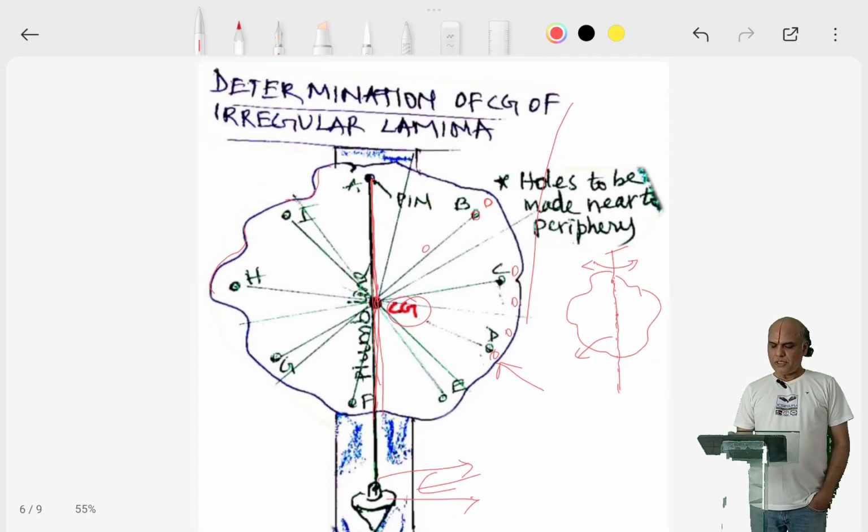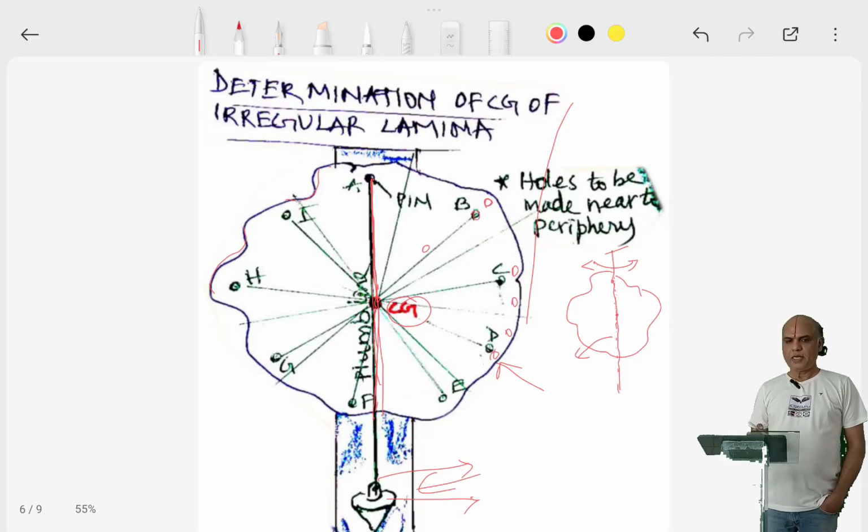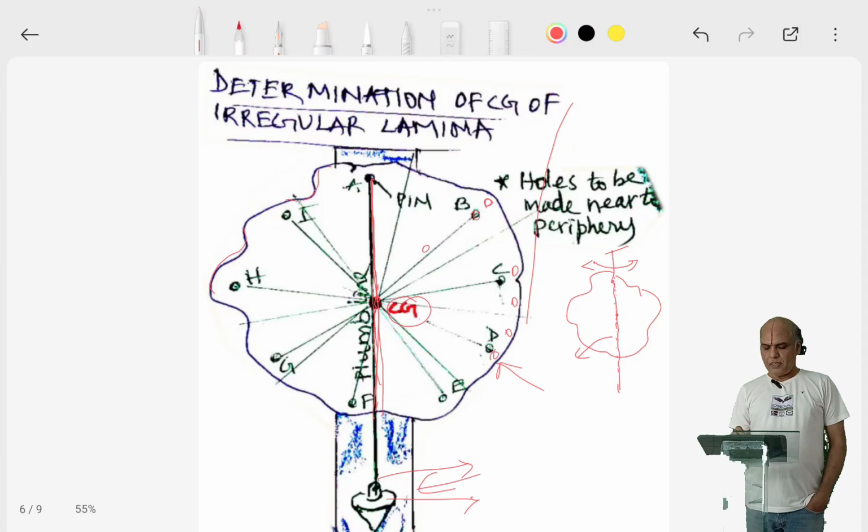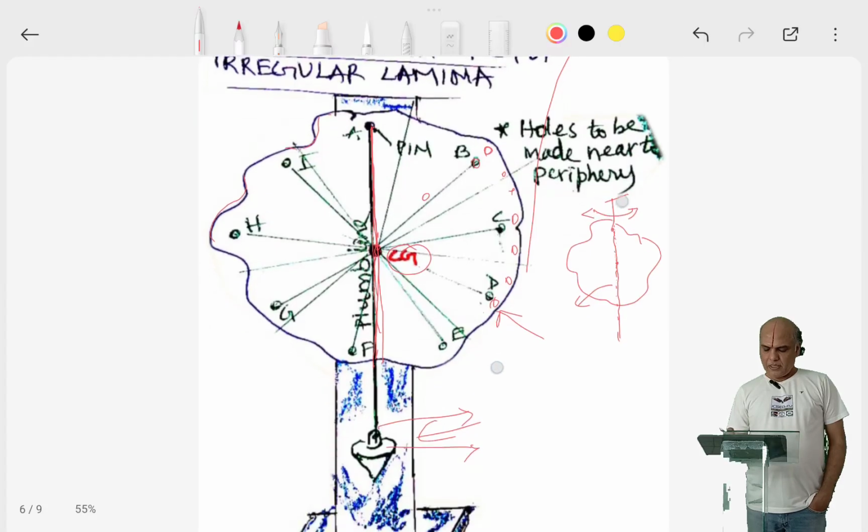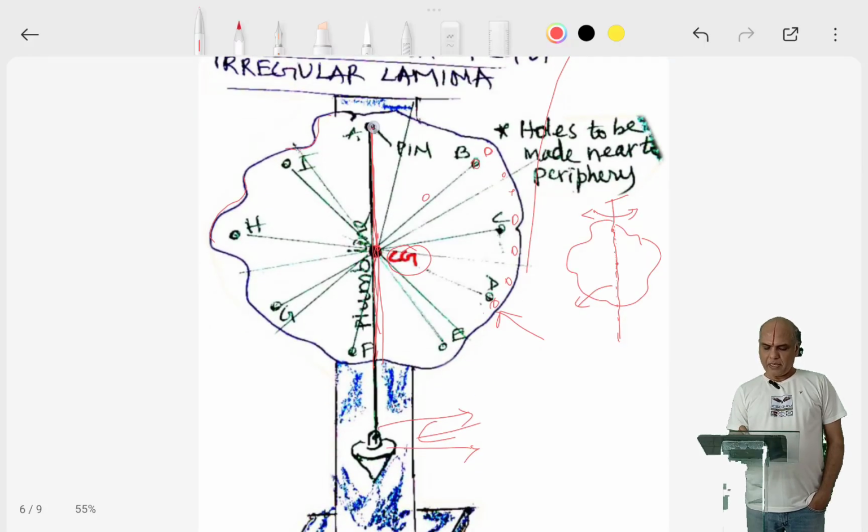So this is an experiment to determine the CG of an irregular lamina. How do you determine it? You make a series of holes all along the periphery of the lamina. Then, using a peg on a stand, you hang the lamina using the first hole.